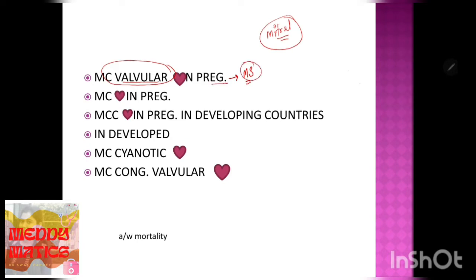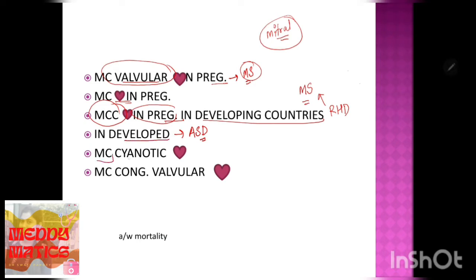The most common heart disease in pregnancy in developing countries is mitral stenosis, and the most common cause of mitral stenosis in developing countries is rheumatic heart disease. In the developed countries, the most common cause of heart disease in pregnancy is ASD, that is atrial septal defect.